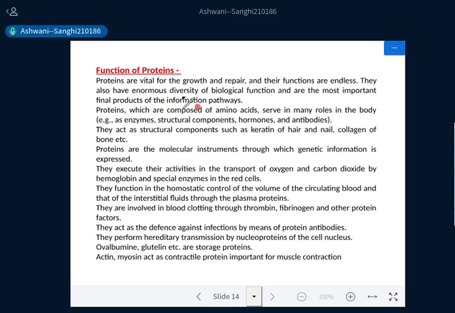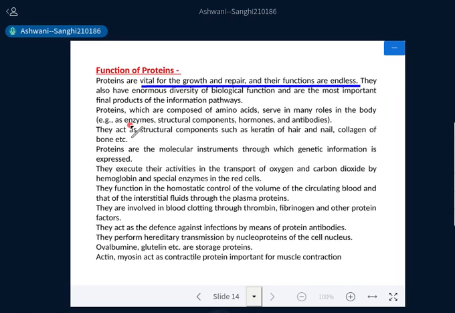Then, functions of proteins. Proteins are vital for growth and repair, and their functions are endless. They have enormous diversity of biological function and are the most important final products of information pathways. Proteins, which are composed of amino acids, serve in many roles in the body.